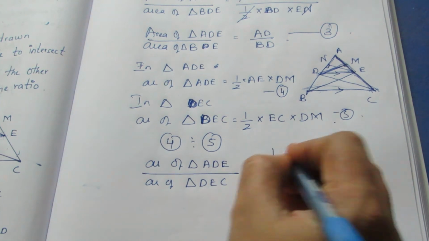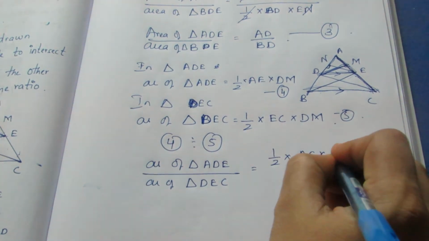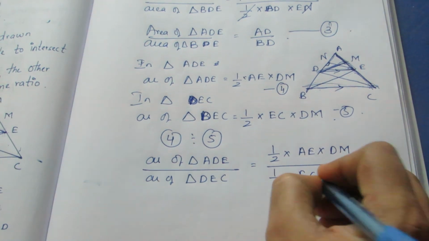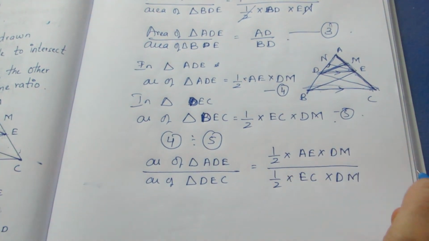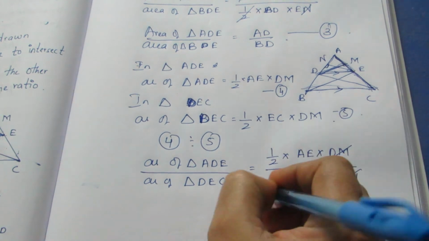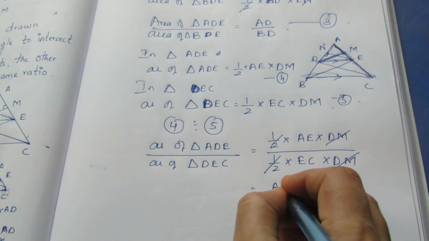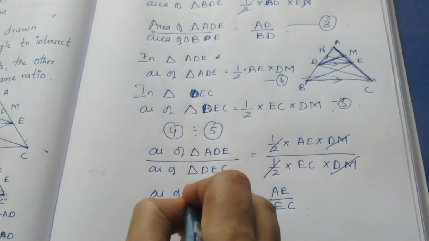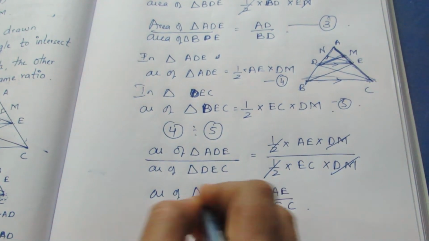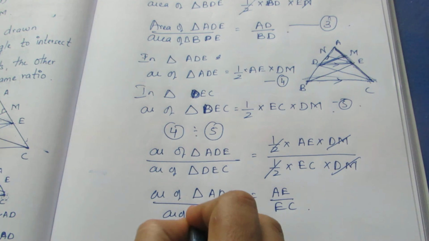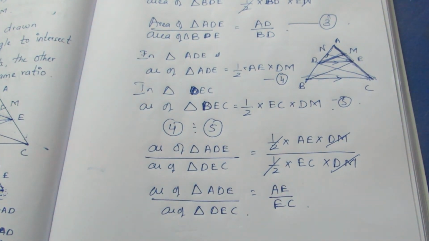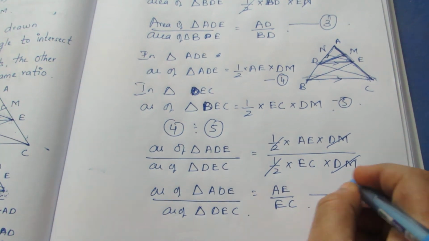Here it is half into AE into DM by half into EC into DM. Here this 2 gets cancelled and this 2 gets cancelled. We get AE by EC, which is area of triangle ADE by area of triangle DEC. Let me take this to be equation 6.